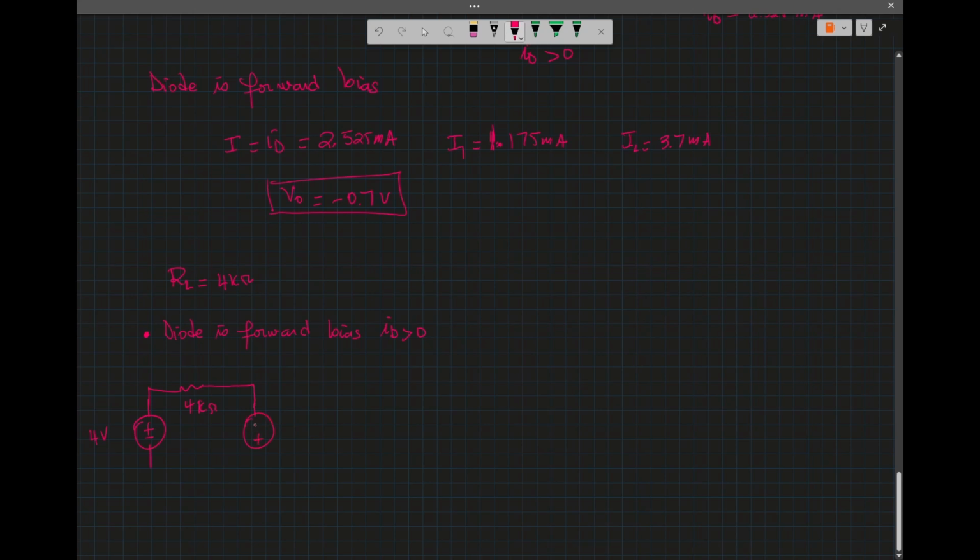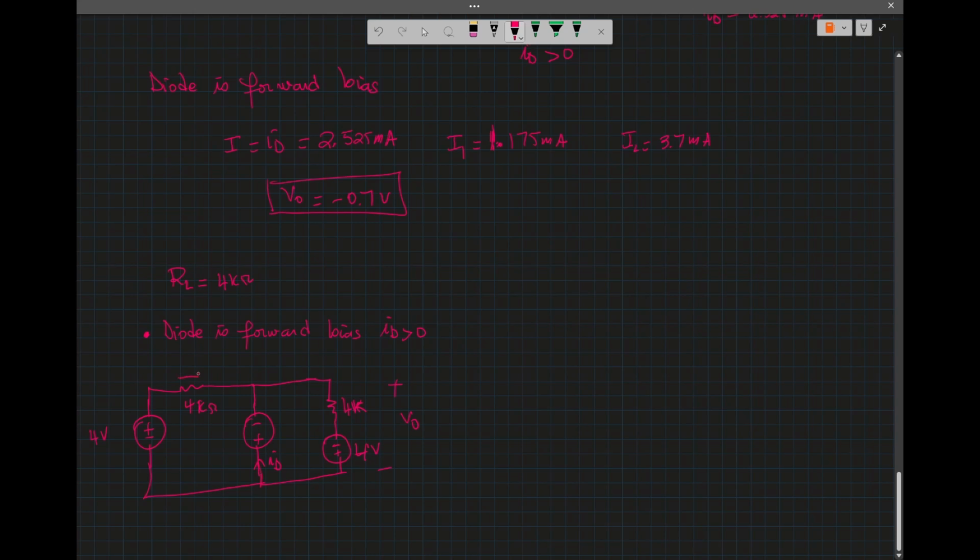So we have, that's ID, and we have the load, so 4 kilo ohm, and the voltage source here just negative 4 volt, and the voltage here is V0.